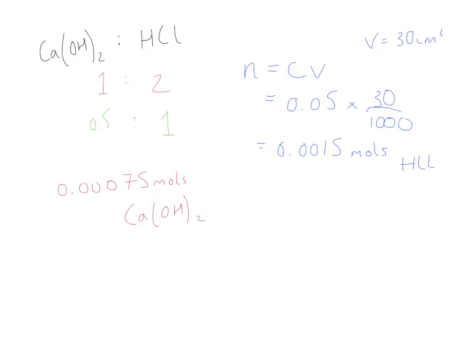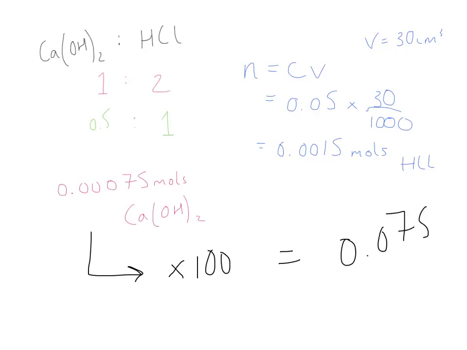So I need to multiply this by 100, which gives me 0.075 moles. Again, I'm going to double check that calculation to make sure we get it absolutely right. Yeah, 0.075 moles.